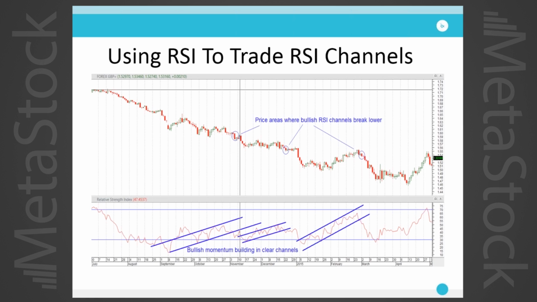I'm waiting to find the conditions which match what I have in my mind as being the ideal conditions to operate these various methods of using the indicator. So as I can clearly highlight a price trend forming, I can look to trade indicator divergence, and similarly, as I can see that we have a dominant price trend forming, I can then look to trade breakouts of momentum channels in RSI in line with the dominant trend.